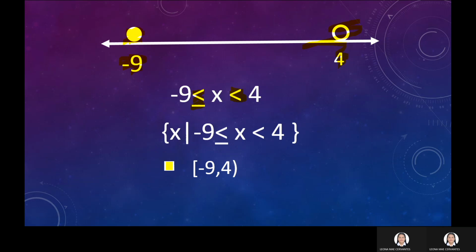For our interval notation, since negative 9 is shaded or included, we will use square bracket. And for positive 4, which is not shaded or not included, we will use parentheses.